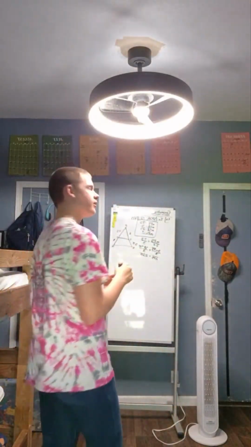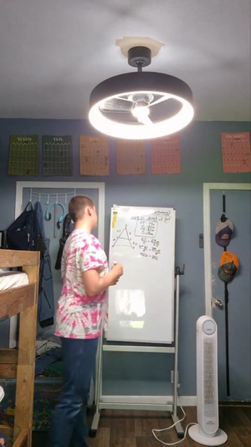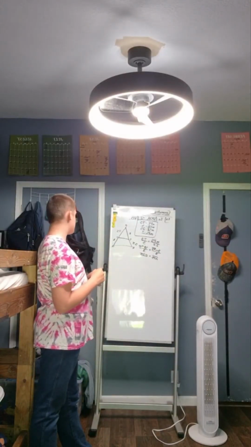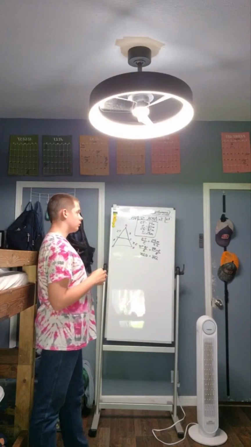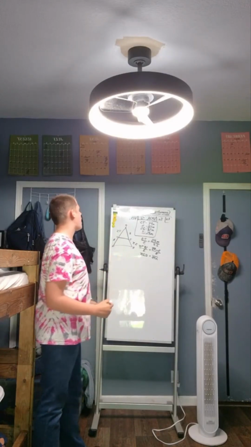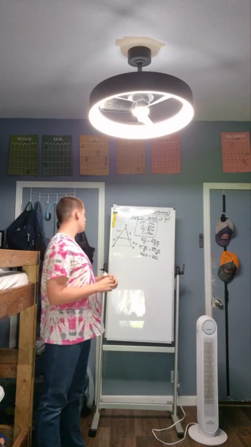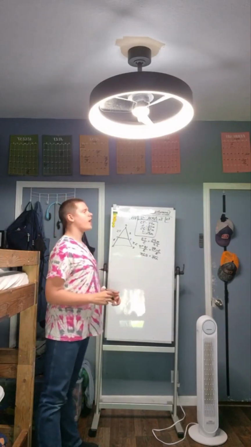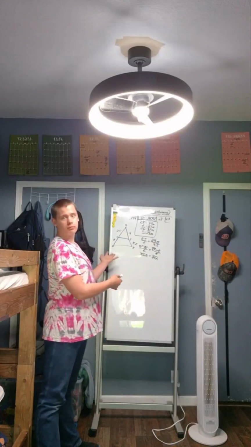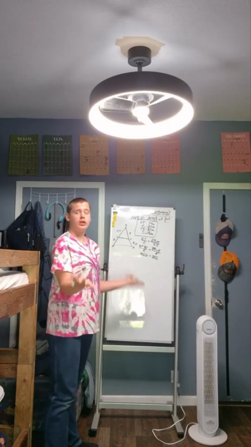So if we figure out if 6.25 is actually x, would that be our unknown? It should.